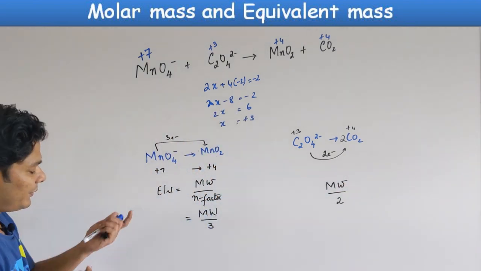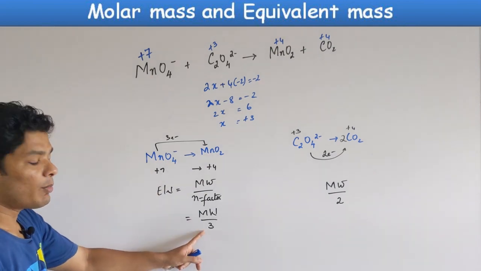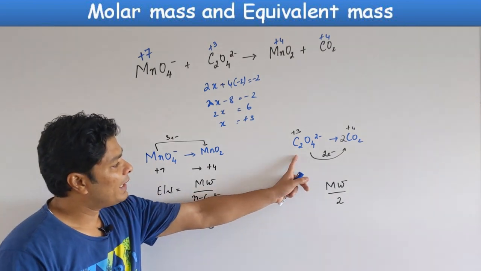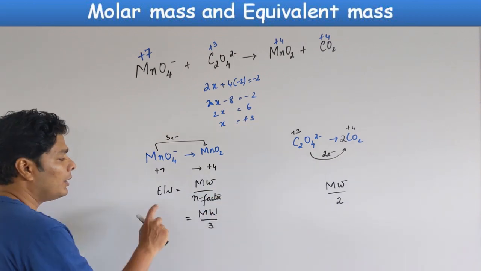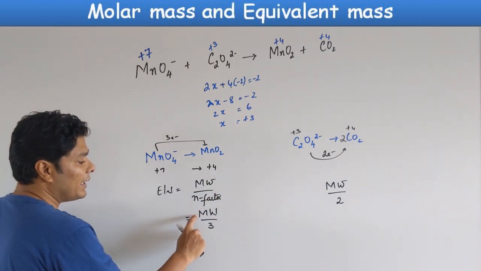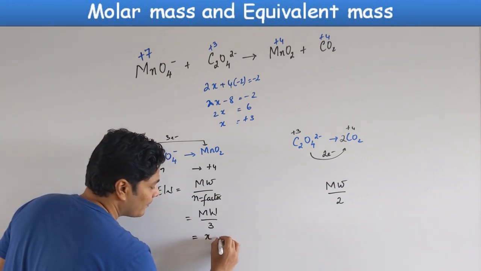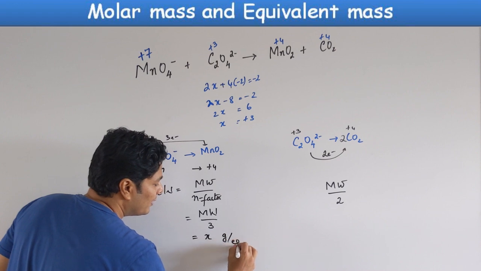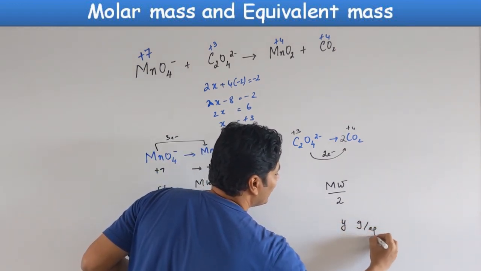So if the question asks you the equivalent weight of MnO4 minus, that is going to be molecular weight by 3. The equivalent weight of C2O4 2 minus is molecular weight by 2. What it means is molecular weight by 3, let's say this is X gram per equivalent. This is Y gram per equivalent.